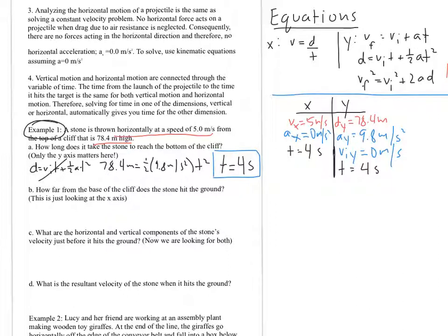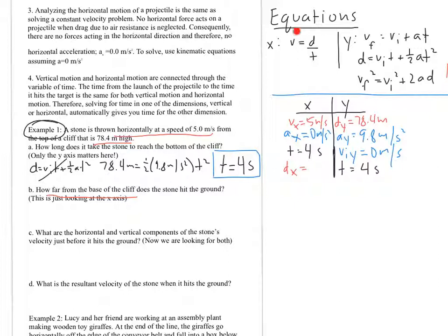Now let's take a look at part B. How far from the base of the cliff does the stone hit the ground? Take a look at the hint in parentheses: this is just looking at the x-axis. So we're looking for a distance in the x direction, d_x.